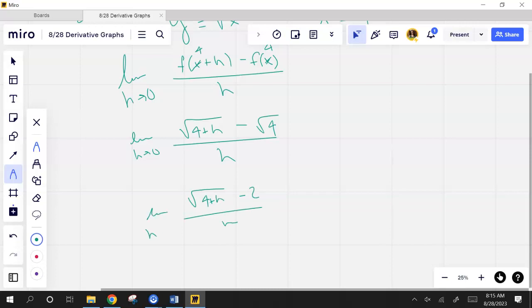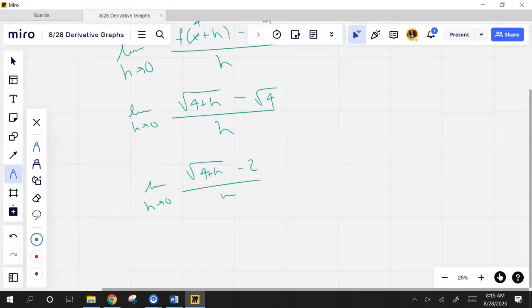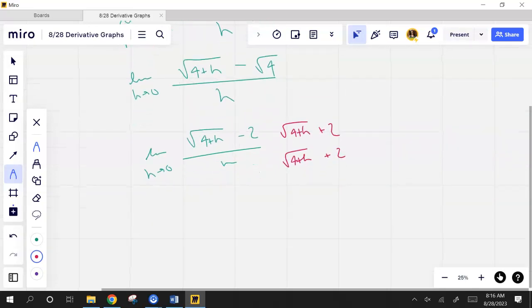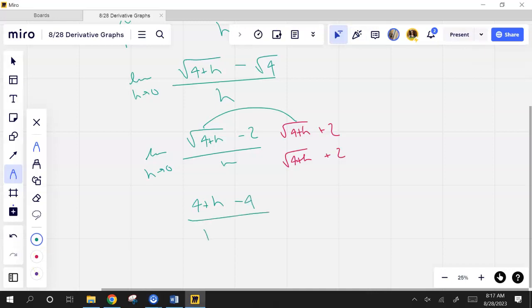If you multiplied by the conjugate top and bottom here, it works out. That's 4 plus h minus 4. I'm going to continue here: h times the square root of 4 plus h plus 2.